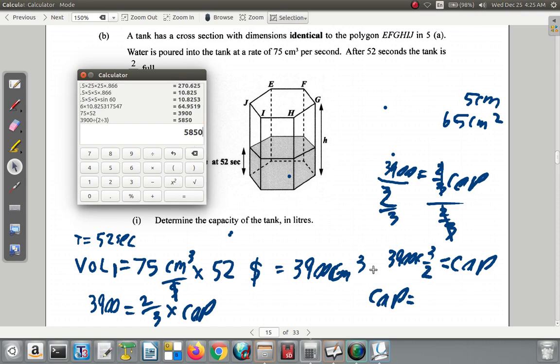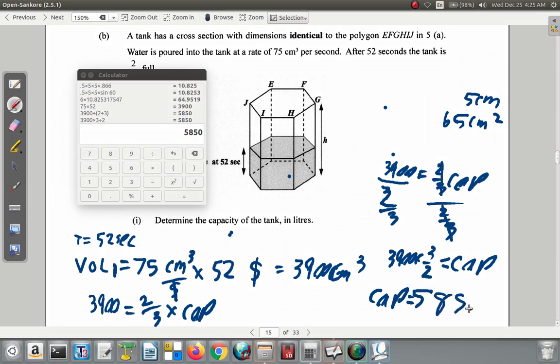If you do it this way, it would be 3900 multiplied by 3 divided by 2, and you get your 5850 again. That would be the full capacity of the tank, 5850 cm cube. So that would be the capacity of the tank in cm cube.